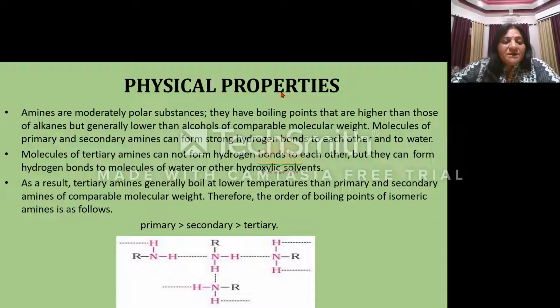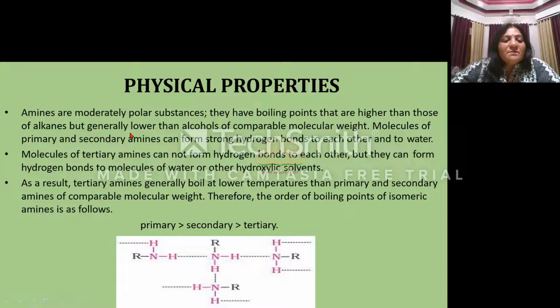Physical properties of amines. Amines are moderately polar substances. They have boiling points that are higher than those of alkanes, but generally lower than alcohols of comparable molecular weight. Molecules of primary and secondary amines can form strong hydrogen bonds to each other and to water.